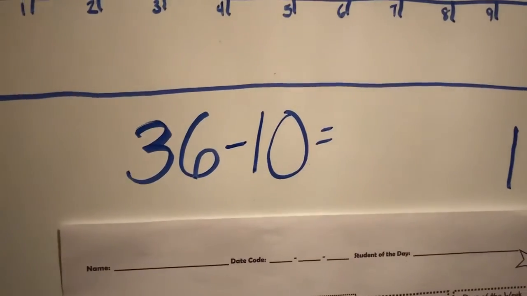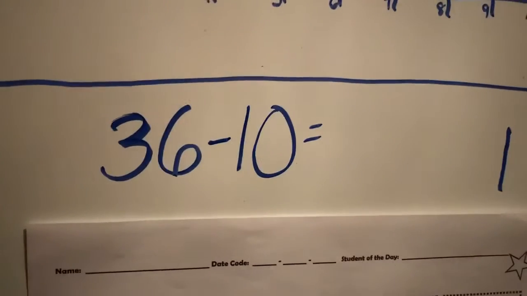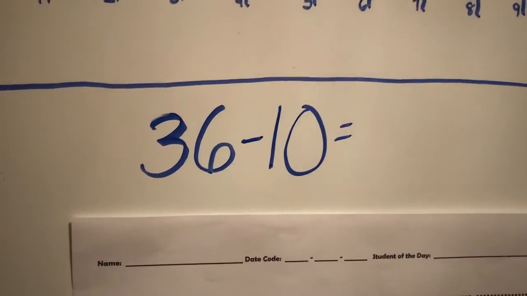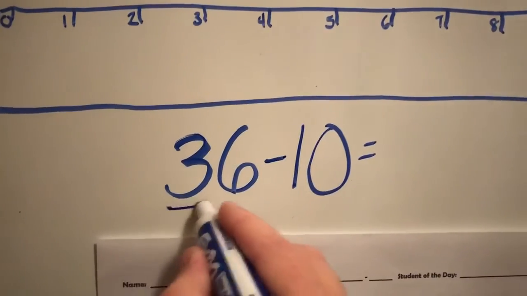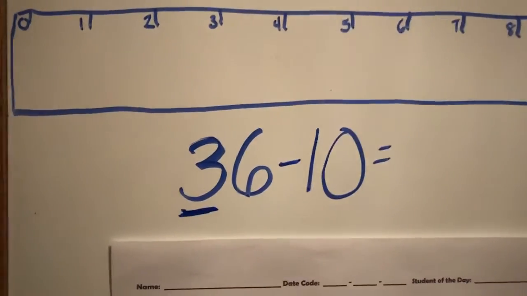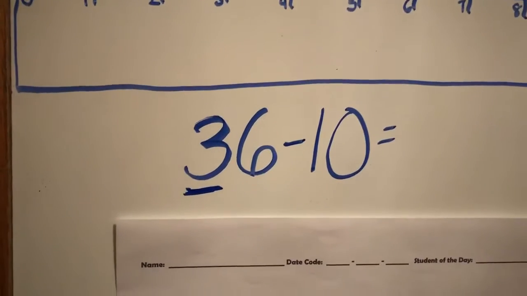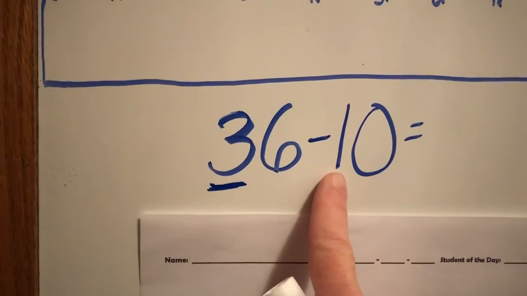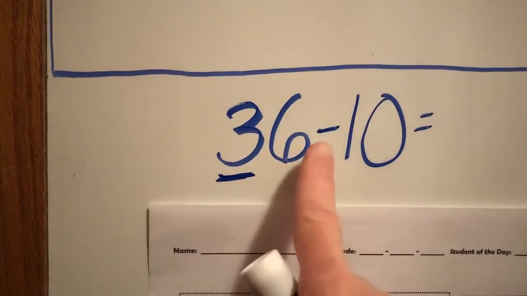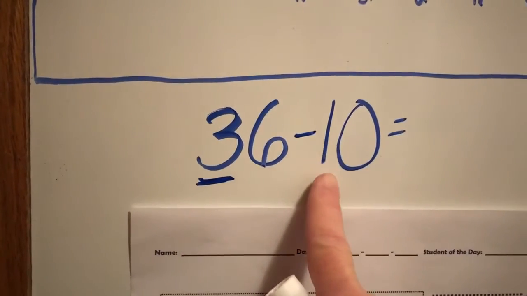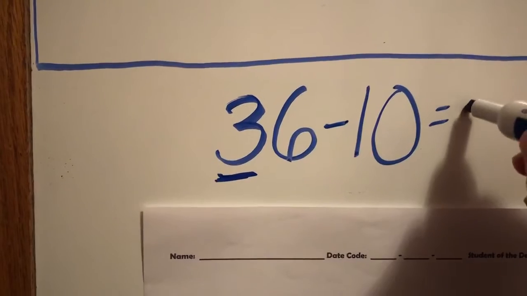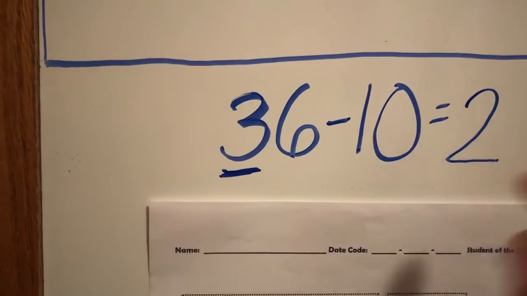Well, this is what we did last week, right? This is using mental computation to subtract 10 from a number. And remember, what we're going to do is we're just going to take 10 away from that tens place. Basically, we're taking this 1 away, right? So we're saying 3 minus 1. And you know that 3 tens take away 1 ten equals how many tens? 2 tens.